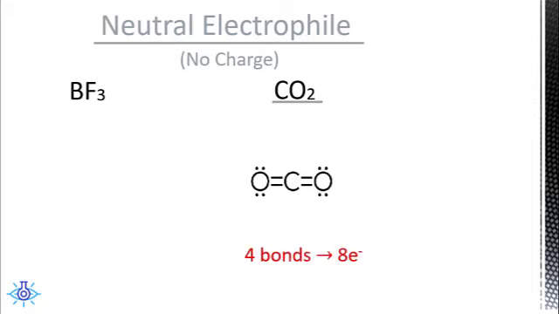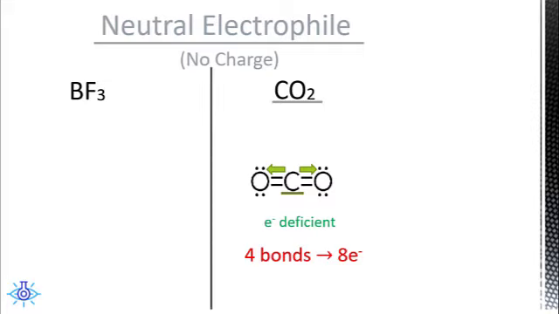Each bond is made up of 2 electrons. So on the whole there are 8 electrons. Octet is complete. But carbon is bonded with 2 oxygen atoms, one on either side, which are electronegative, and hence the oxygen atoms try to attract the electrons towards themselves, making the carbon electron deficient. Thus carbon dioxide is a neutral electrophile.